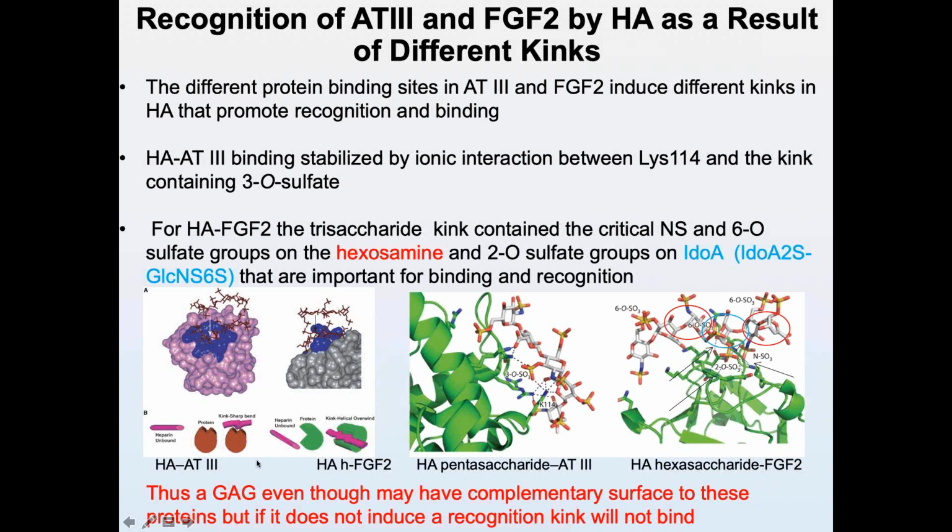Instead of the one kinking found in heparin when it binds to the antithrombin, there are two kinkings here, which allows the NS6O and the 2O sulfate groups to come close together to the basic residues and make interaction. So the take-home message is, when these heparins bind to different proteins, they induce different kinkings, which allow these heparins to recognize different proteins.